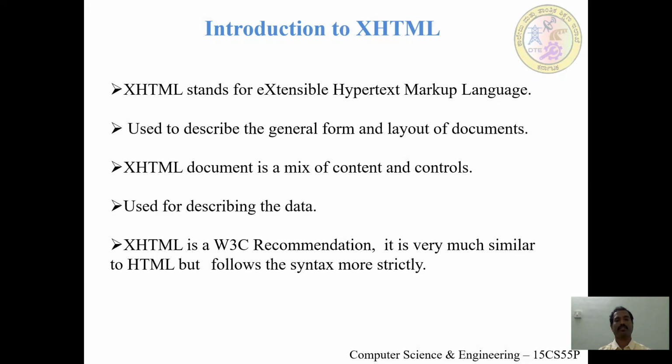It consists of the data as well as the controlling tags. This is used to describe the data, and XHTML is a recommendation of W3C, World Wide Web Consortium. Difference between HTML and XHTML we already understood in the previous sessions. XHTML concentrates more on the syntax as compared to the HTML.